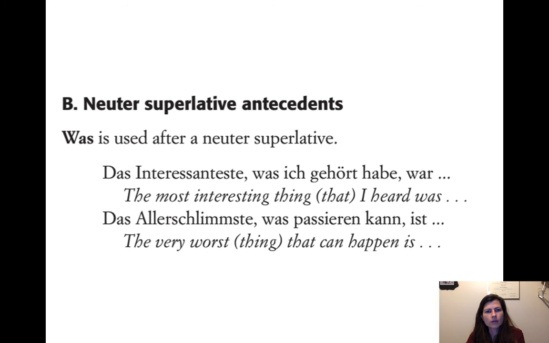Okay, and then we have neuter superlative antecedents. We talked about these just a few units ago. You can say the most important thing, the most interesting thing. Neuter superlatives, so, das Interessanteste, the most interesting thing.